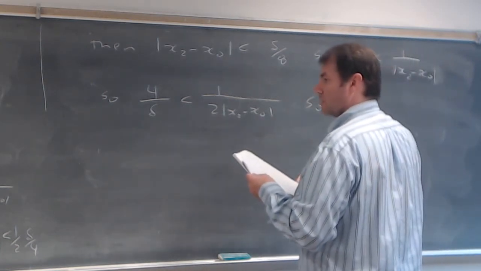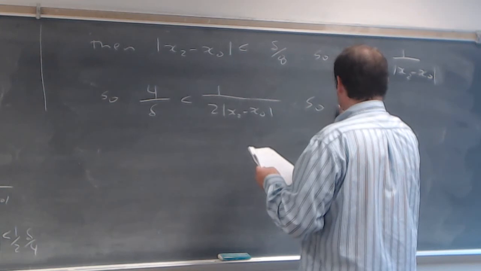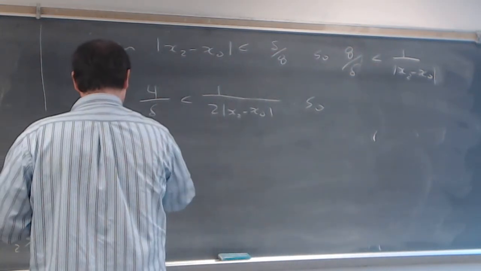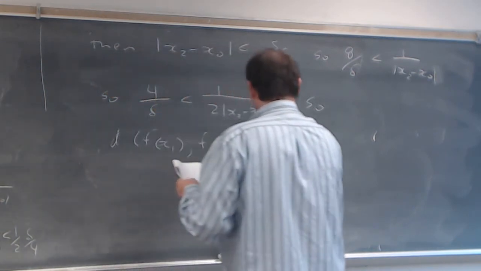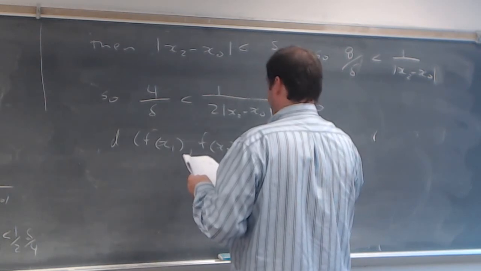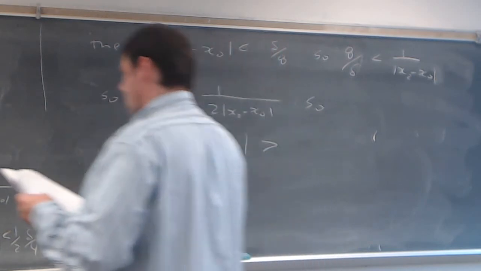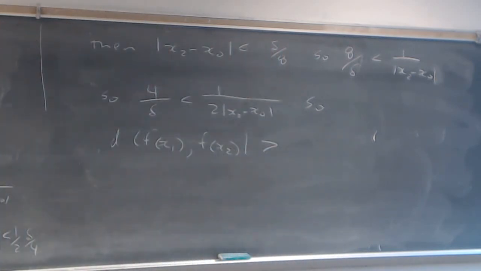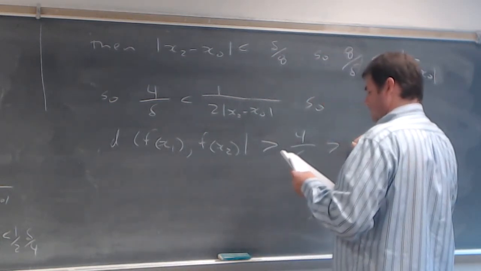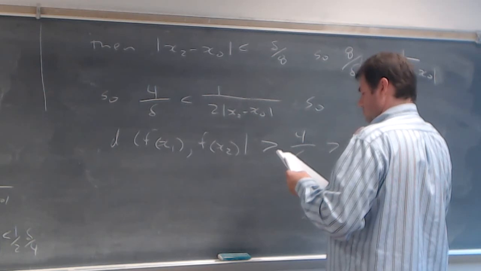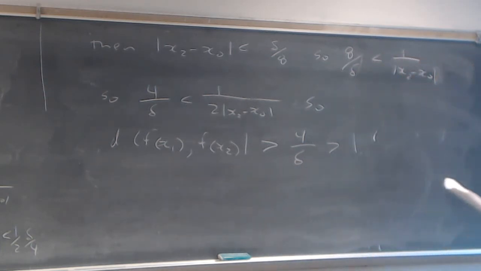So that says that the distance between f of x of 1 and f of x of 2 will be greater than 4 over delta, which has got to be greater than 1. We were assuming here that delta was less than 4.